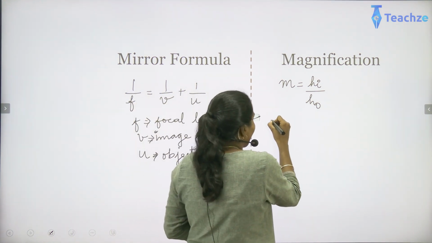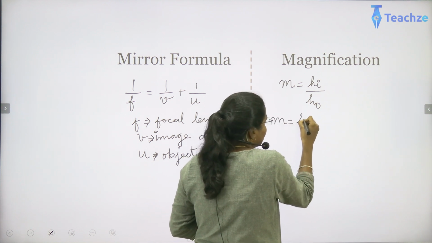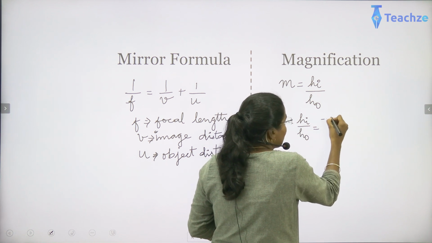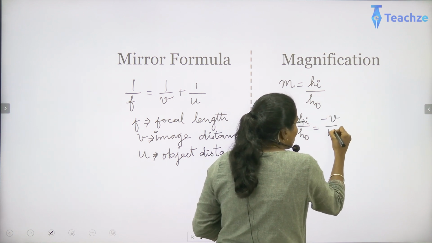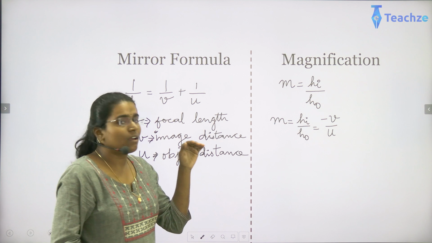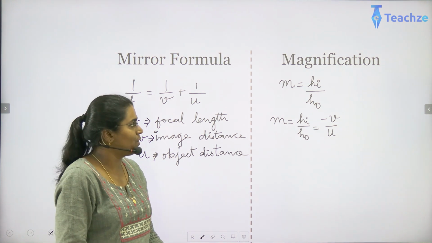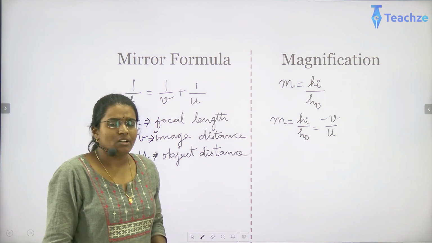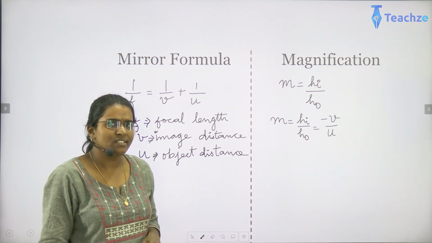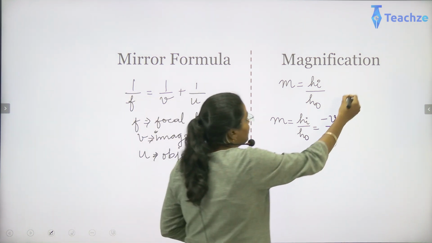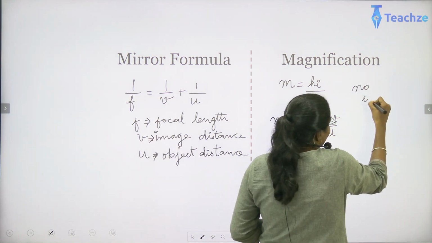So magnification m, hi by ho, can also be written as minus v by u, where v and u are your image and object distance. And does this magnification have a unit? Yes or no? It has no unit. Good.